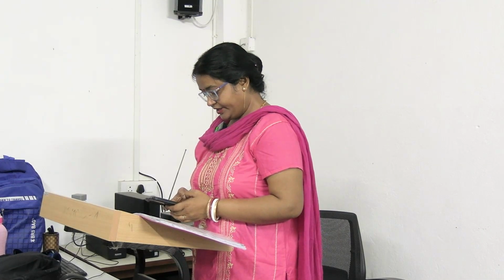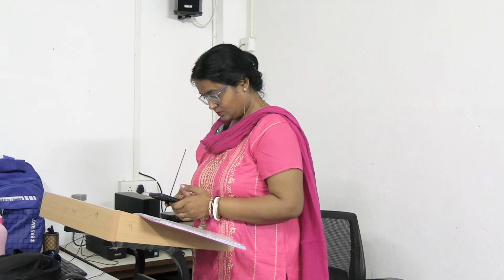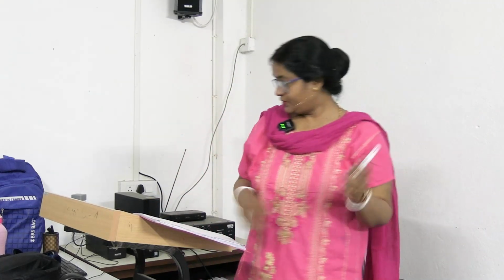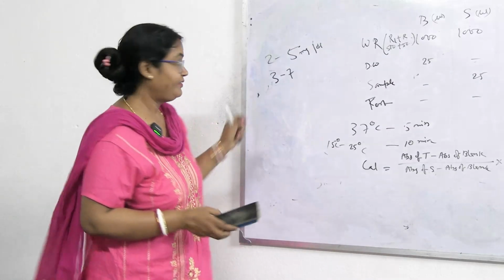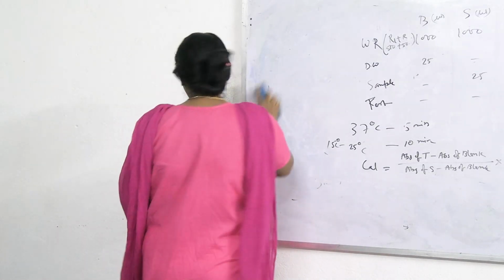It's given in Vasudevan, you can go and check. I think 2 to 5 milligram for female and 3 to 7 for male. And here in the kit it is given.